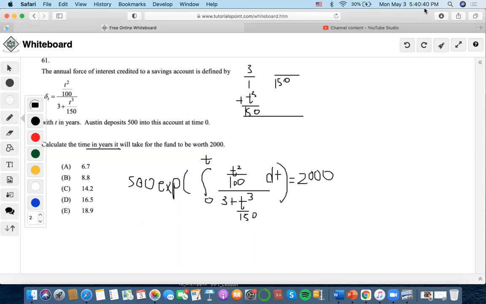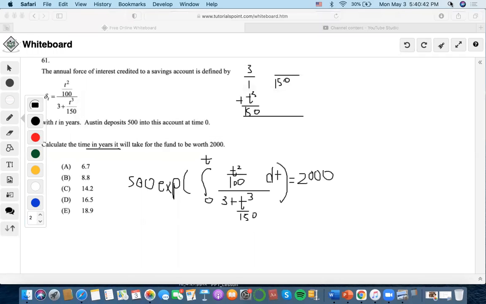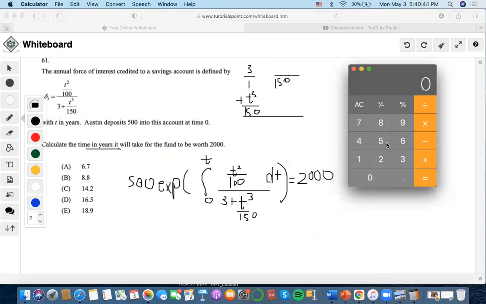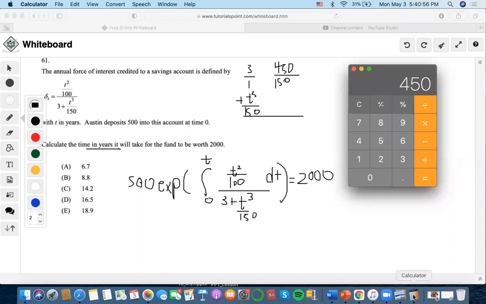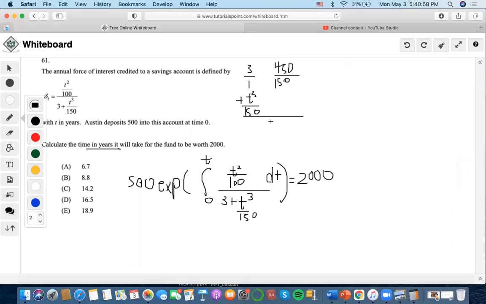What is 150 times 3? It's 450. Yeah, 450. So we're going to have 450 plus T cubed, over 150. Nice. Now we put it as the denominator here, so let's divide both fractions.